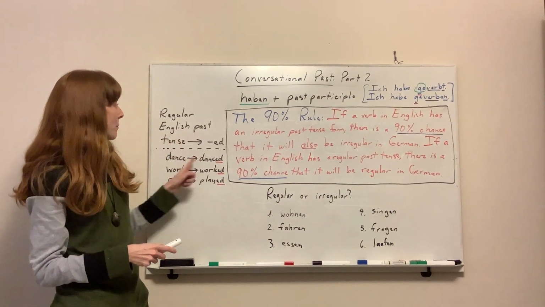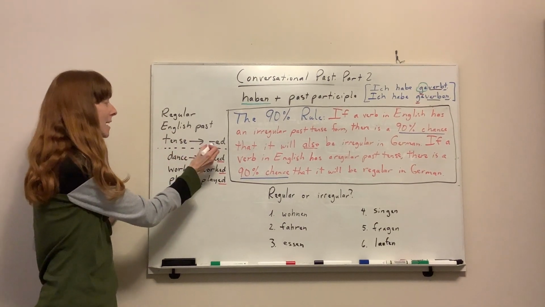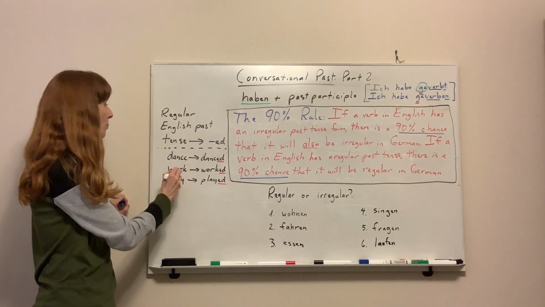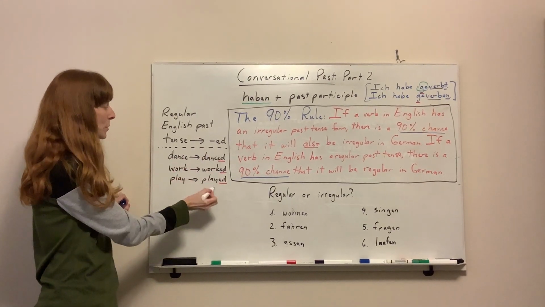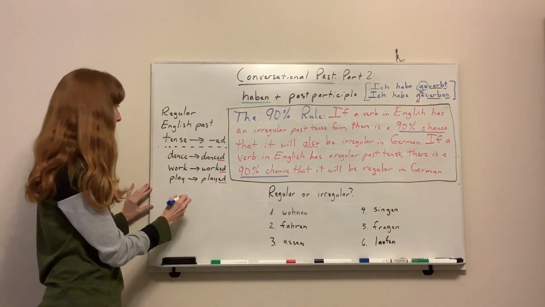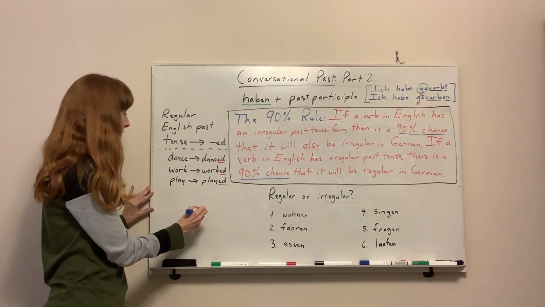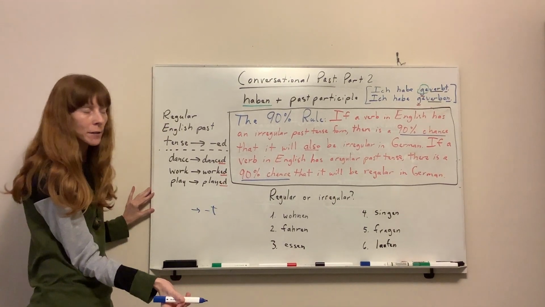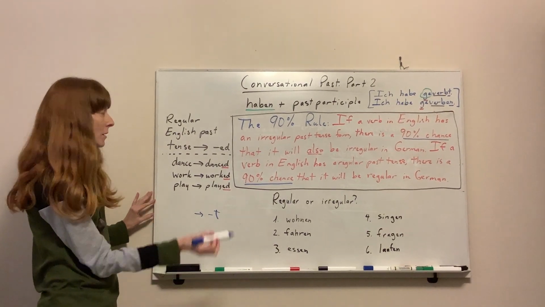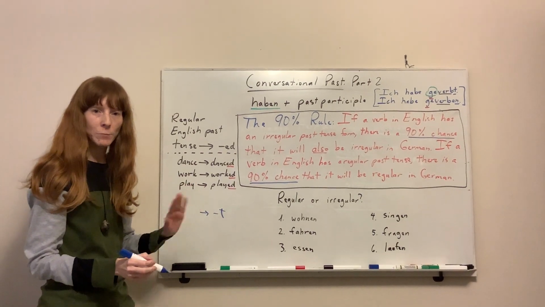I want to refer to English first. Regular English past tense has an ed ending. Dance becomes danced. Work becomes worked. Play becomes played. In German, this past tense ending is going to be a T on the end of your participle. If you will remember at the beginning of the year, I had said that D and T from German and English are sometimes switched.